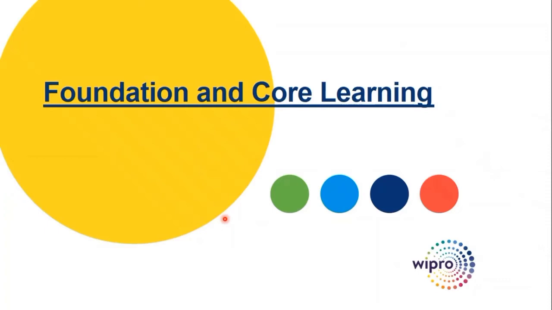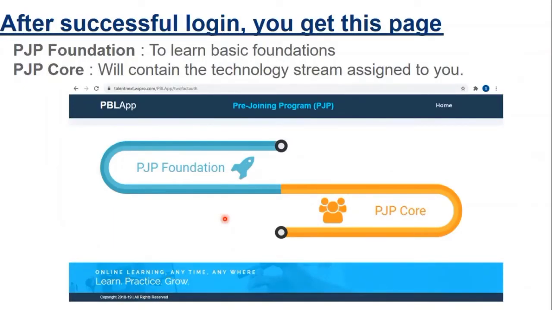Now, once you are successfully in, then is the content that is getting displayed to you. So what next are you going to do here? Once you have successfully logged in, you get into a page that contains two sets of learning for you.